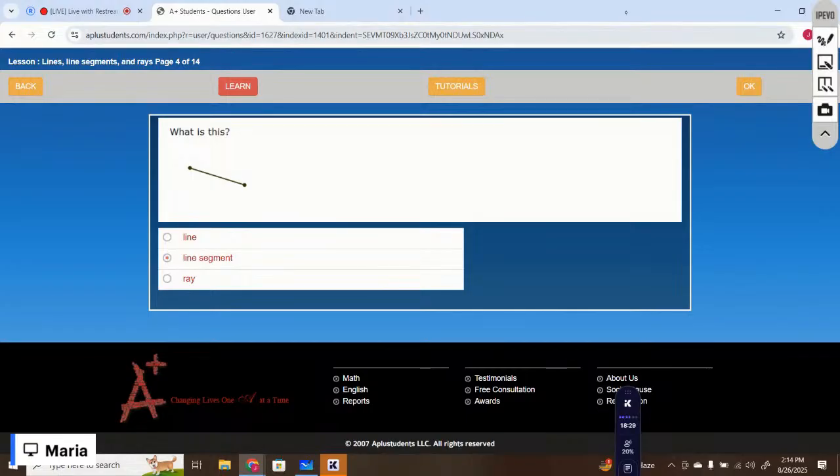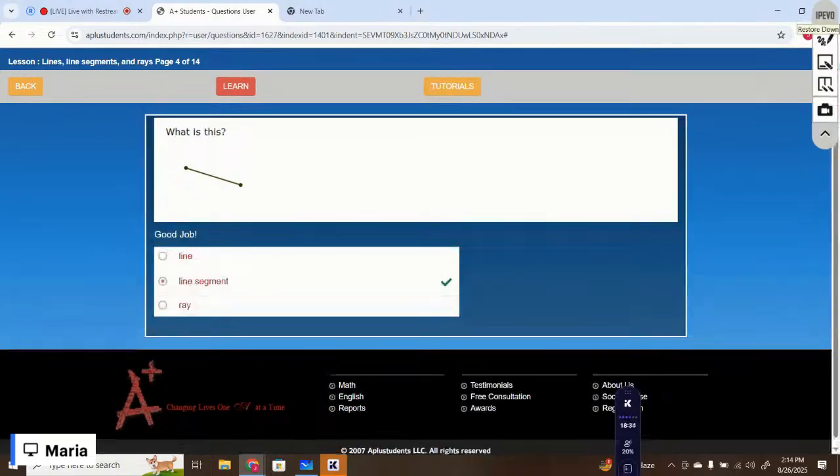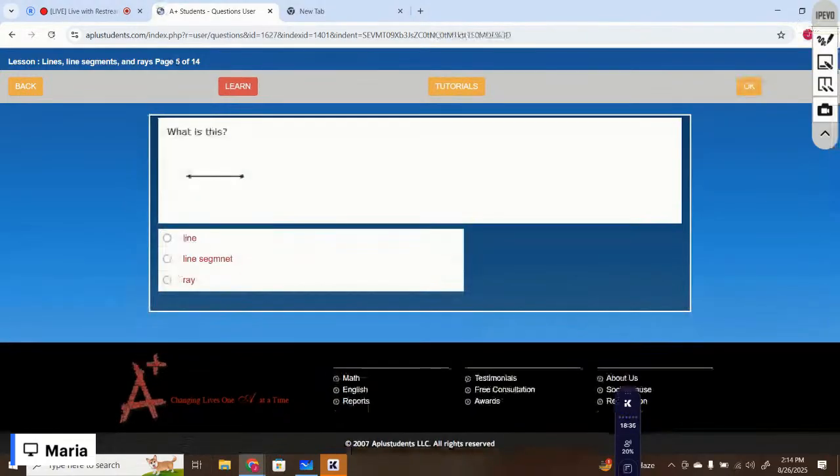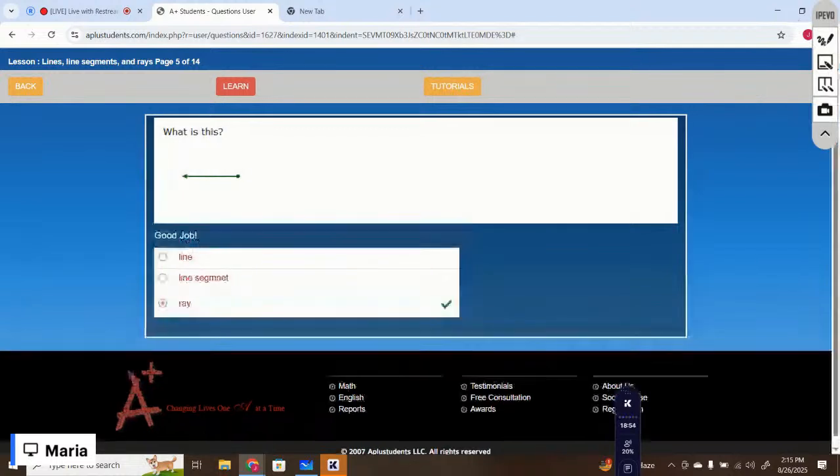That is a line segment. Option number two is the correct option. What is this? Ray, it is option number three.